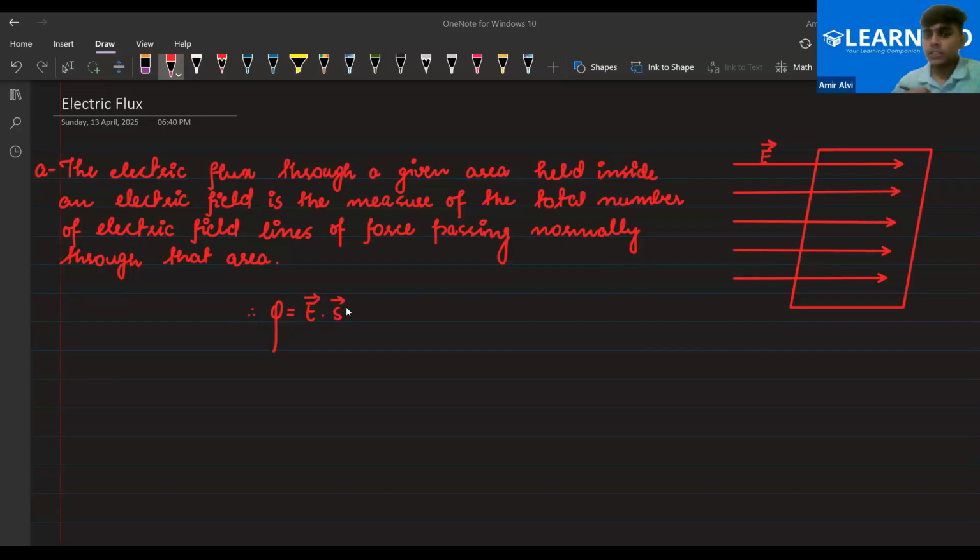So ultimately, when you remove the dot, it would be E S cos theta. And here theta is the angle between the electric field and the area vector. Is that clear? Yes, sir. Any doubt? No, sir, it's clear. Please note it down and let me know.